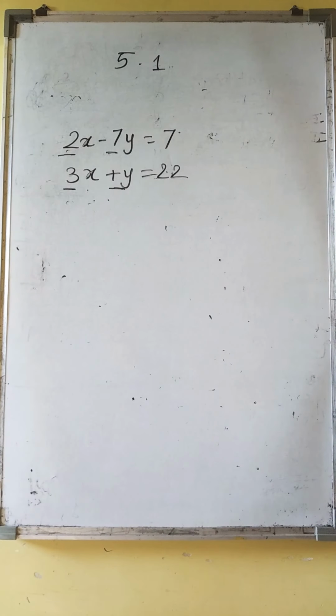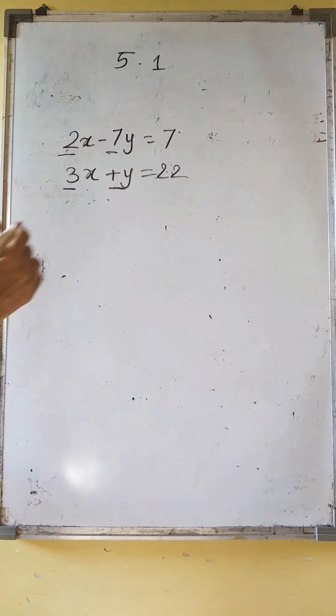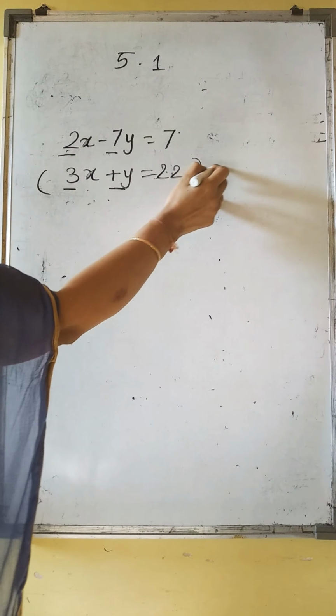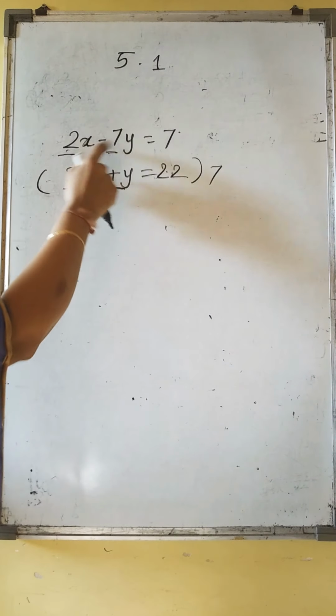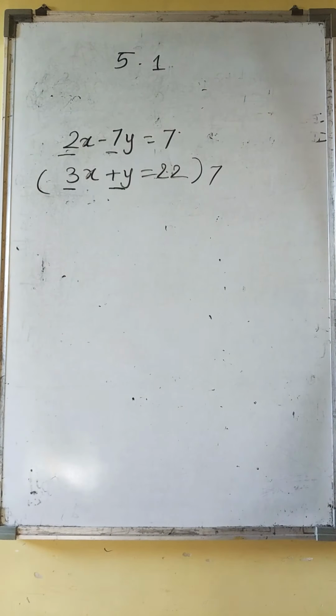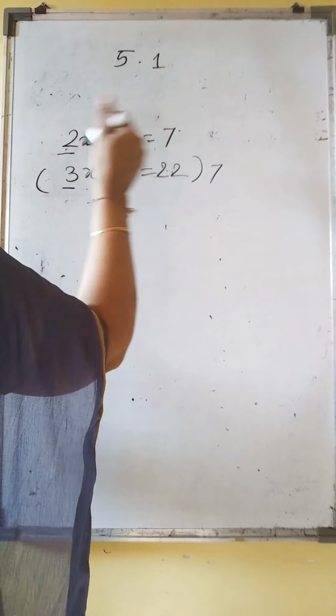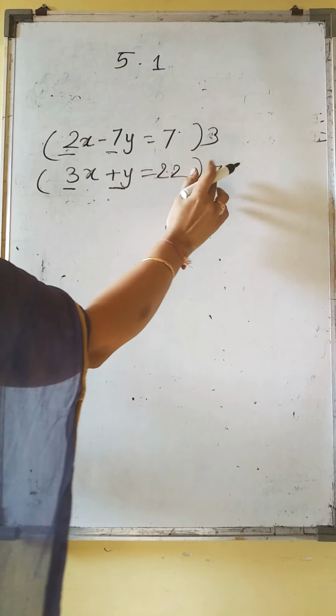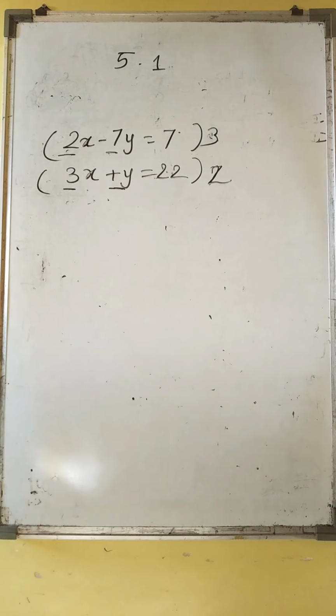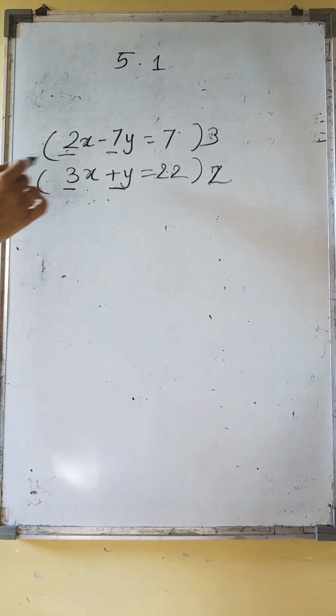So the option is you multiply just this by 7. So 7, 7 हो जाएगा, right? Other option is you multiply this by 3 and you have to multiply this by 2. So क्या हो गया? When you do that, you will get the coefficient of x as 6.